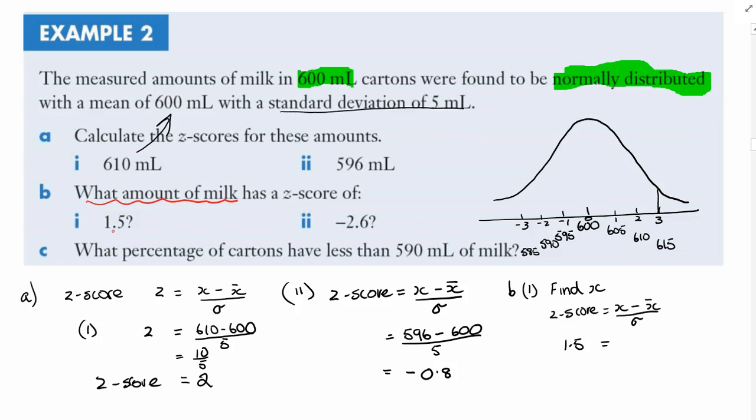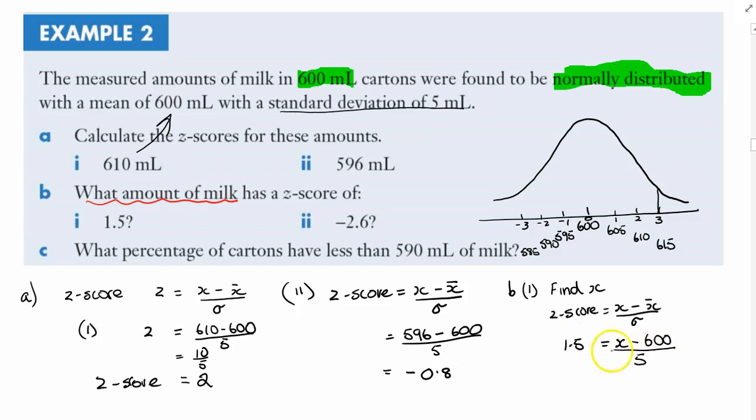So if it's got a Z-score of 1.5, we know it's got a positive Z-score, it's going to have more than 600 mils. You can calculate this using the equation that the Z-score is the number, and we're finding that x, the amount of milk, minus 600 all on 5.